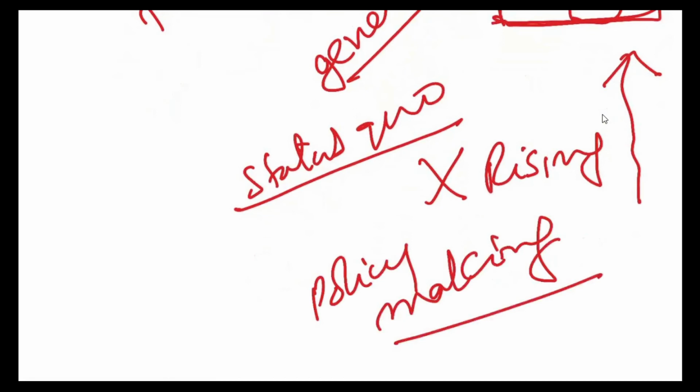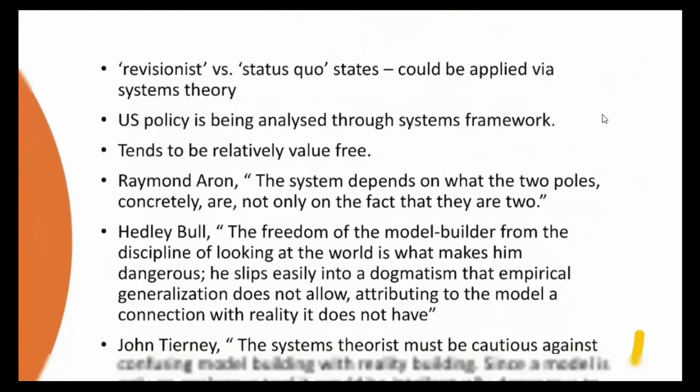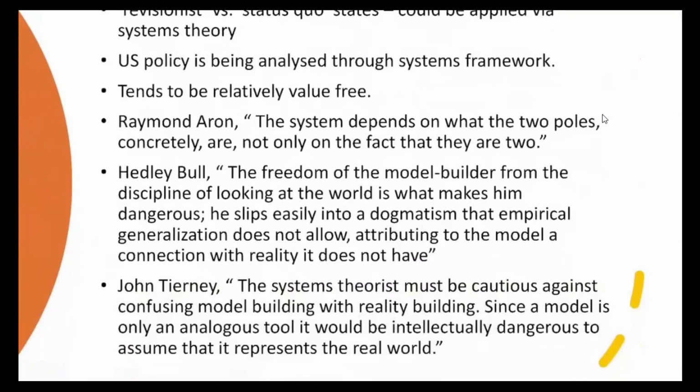So essentially, the systems approach is a proposal to create a theory of international relations. Okay. But how far they have been successful, that is a different issue. For example, Raymond Aron says that even if you build a model on bipolarity, the real world will not go by the model.